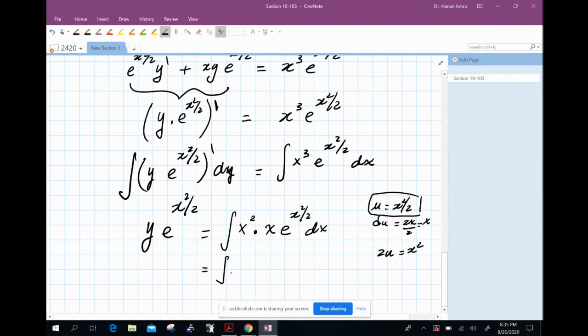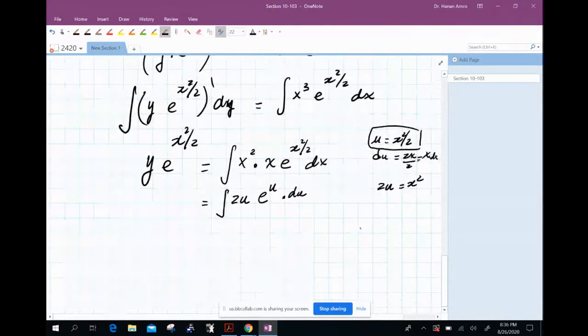So that's the integration of 2 times u, and then x dx is equal to du. So this is e to the u du.